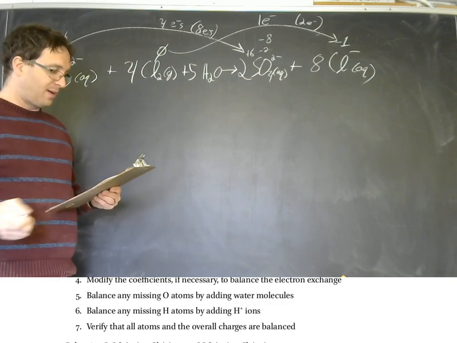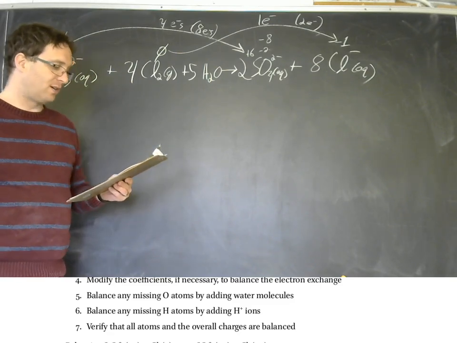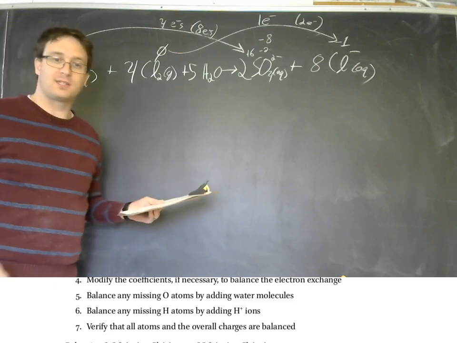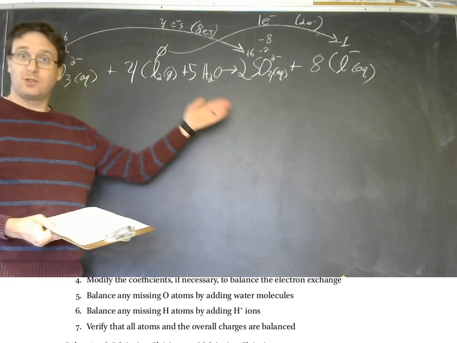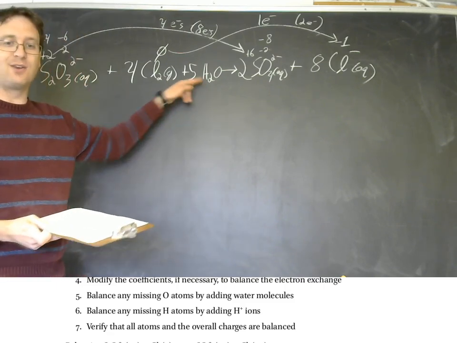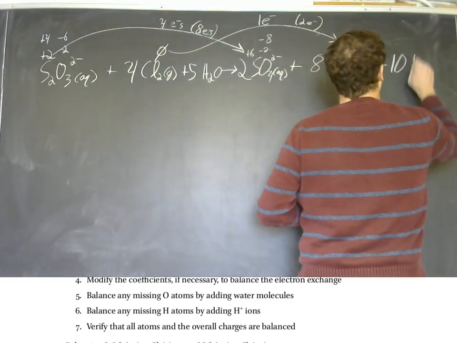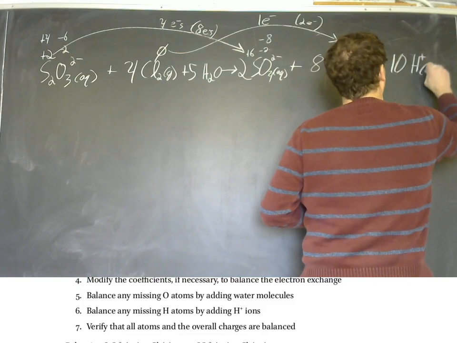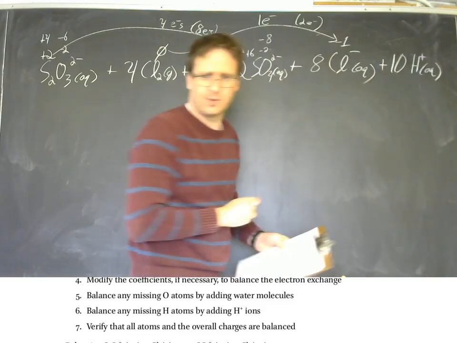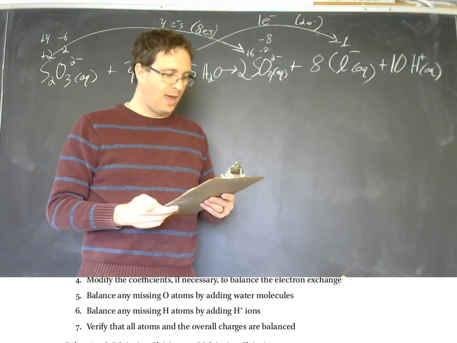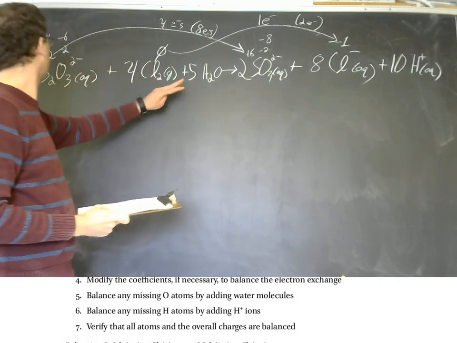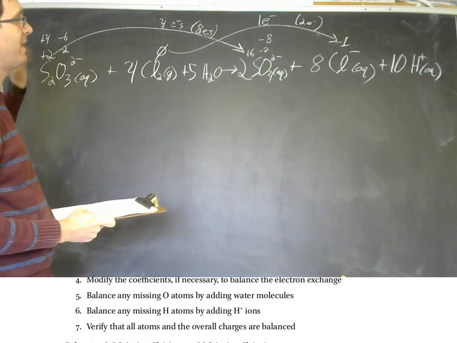And then we're going to balance any missing hydrogen atoms with H+ ions. Now we didn't have any hydrogens before, but we just added 10 over here, so we're going to have to balance that with 10 H+ ions there. And if we look at this, the overall charge on the left side is 2-.